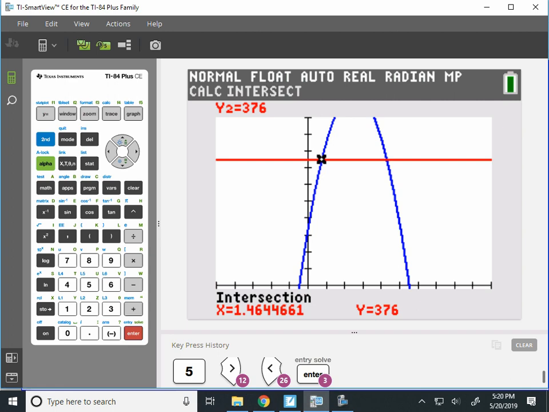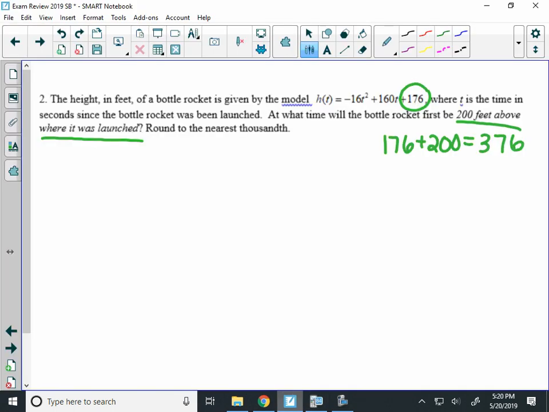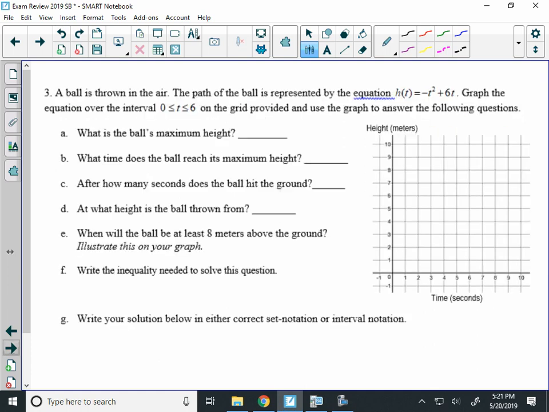The time is 1.464, the x value, in seconds. So it's going to take 1.464 seconds for the rocket to be 200 feet above where it was launched, or 376 feet high. So watch the wording there. They didn't ask for when it hit 200 feet higher than where it started.